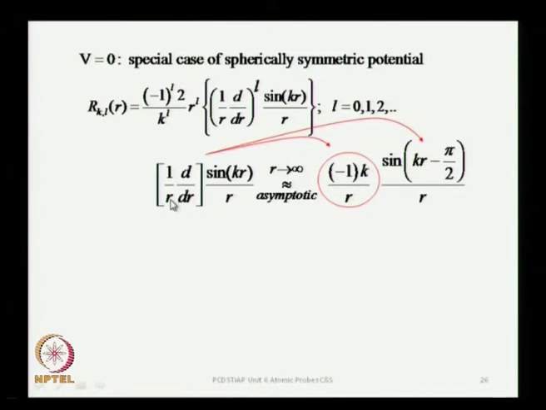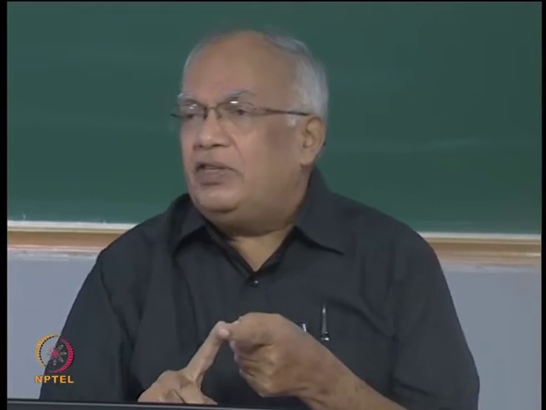The next time you operate on this function, once again you will get a term in 1 over r square, and that term in 1 over r square you can ignore with respect to the term in 1 over r. Every time you take the derivative, the derivative of the sine function will give you the cosine function, and you will get a multiplicative factor of k, because the derivative of sin kr is cosine kr times k.